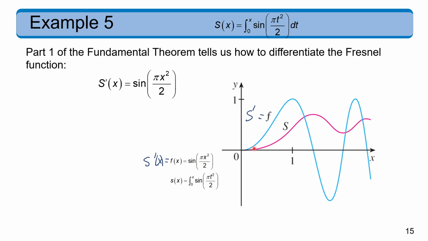And here we also have a horizontal tangent right here at the origin, so on the pink curve, the blue curve is also 0 there. And then you could pick other points, like right here. The tangent clearly has a positive slope, and notice it's positive. So it's helpful to be able to confirm graphically that this formula we found for S prime does seem to match up with what the derivative of the graph of S should look like.